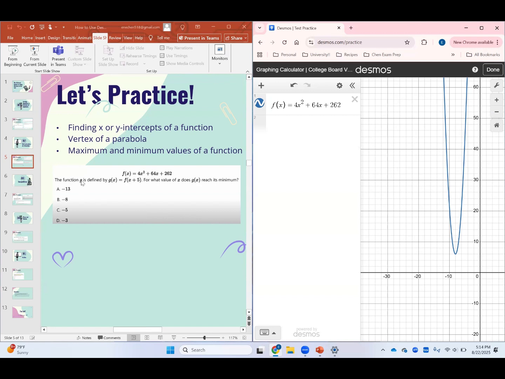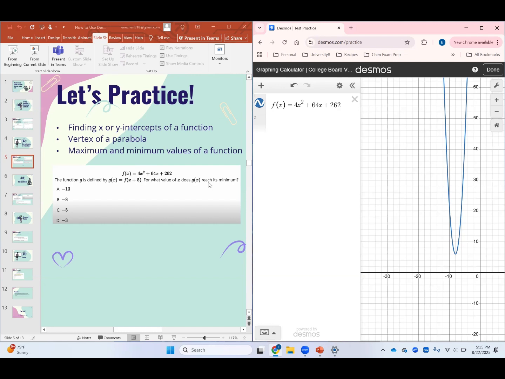It says the function g, so this is a different function, is defined by g at x equals f at x plus 5. So we know that g at x is a transformation of f at x. And then what they're asking is the minimum value or the vertex of g at x.